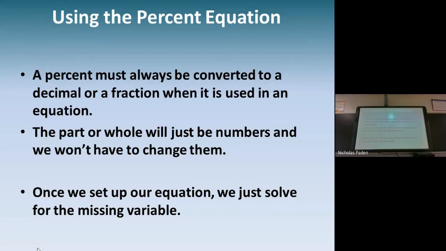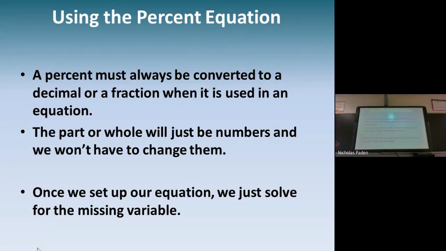Kind of going along with that, the part and the whole, you don't have to change those at all. Those are always just going to be regular numbers that you can keep. And then once we set up our equation, it's really just a one-step equation at that point. We either multiply or divide to figure out the missing variable.